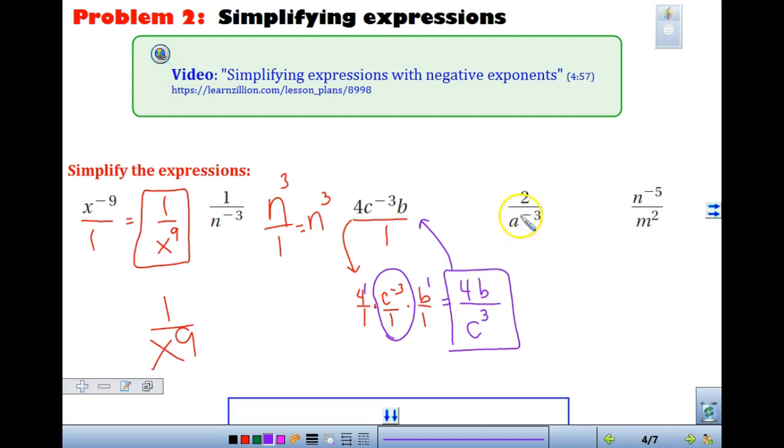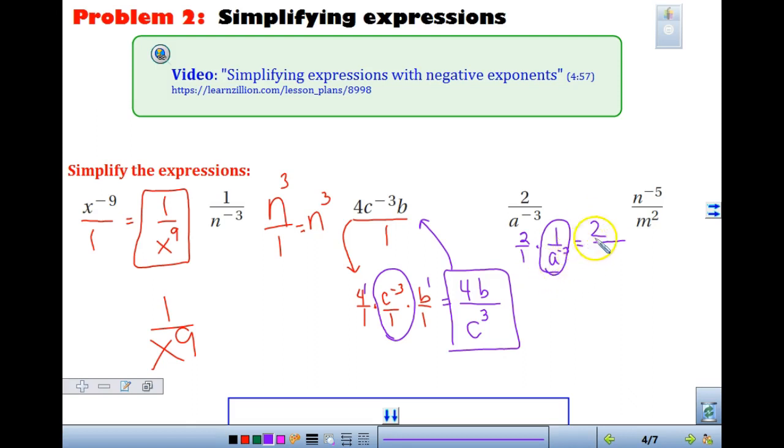So we're going to look at this one. Let's rewrite it the same way we did here with the 1. So we're going to think about this as 2 over 1 times 1 over a to the negative 3. This is my negative exponent that I have to move, right? The 2 stays. So I'm going to keep the 2 in the numerator.